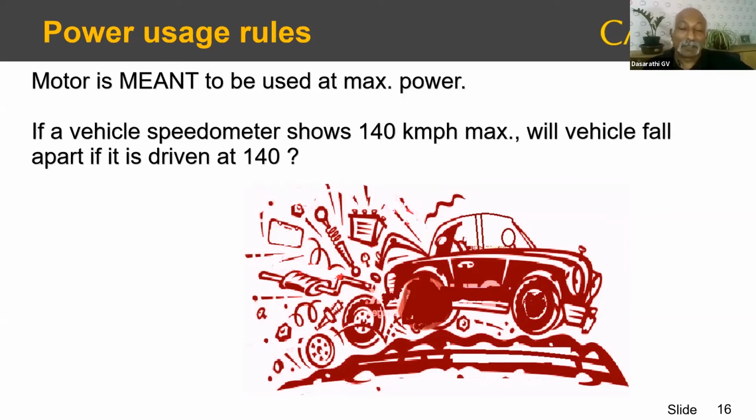If you're in a Benz, the Benz will still be going smoothly at its maximum rated design speed. Maybe a cheaper car will start vibrating, and its handling will be slightly off here and there, but it depends on the quality of your car. So your motor is meant to be used to the fullest possible extent. You're paying money for it, right?